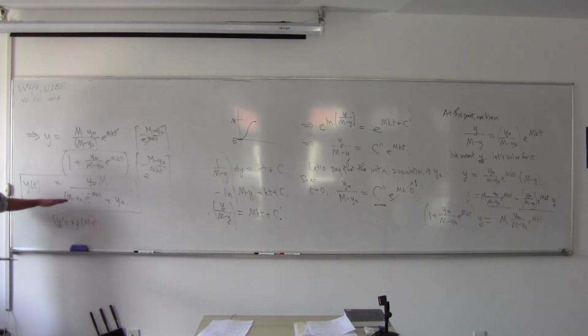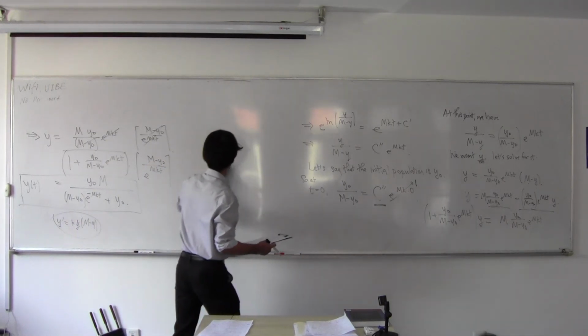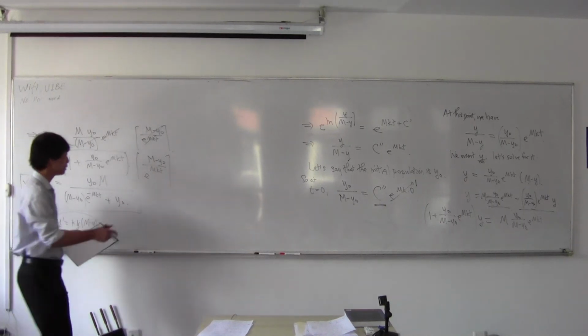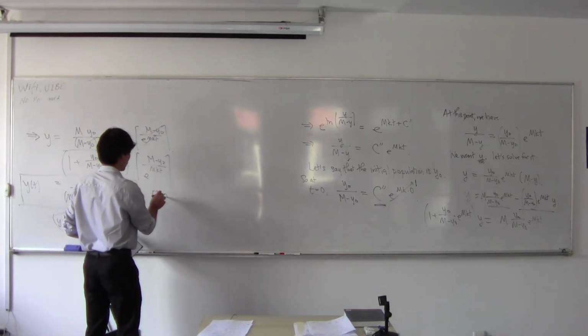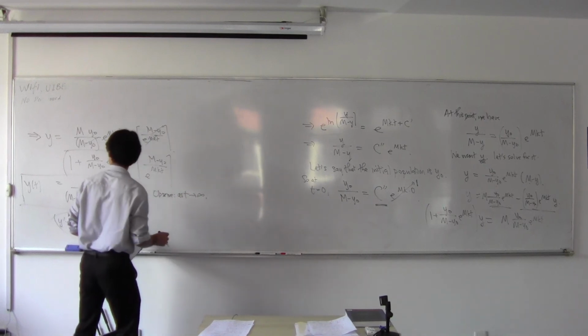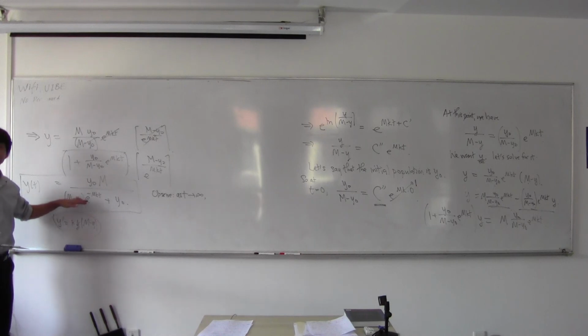And it describes exactly how the population will evolve. If the population follows these rules, the population is going to evolve like this. Observe, as t goes on to infinity, what happens?